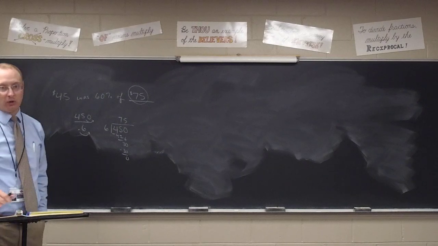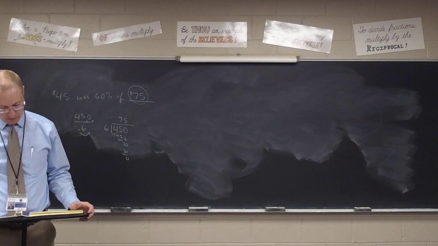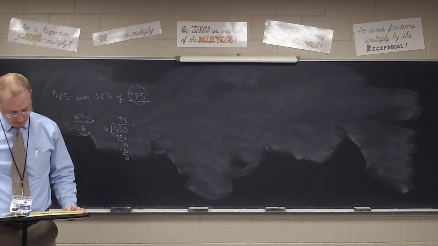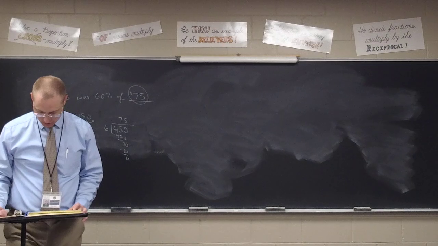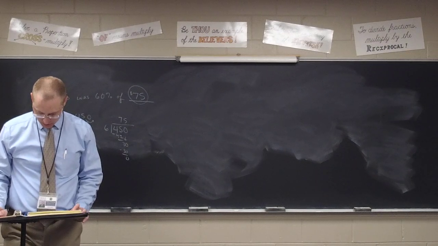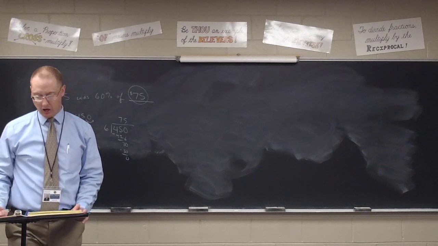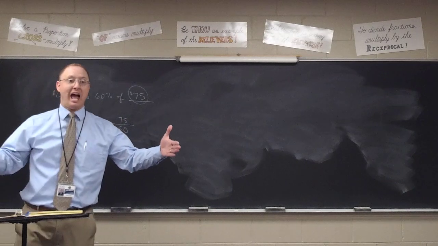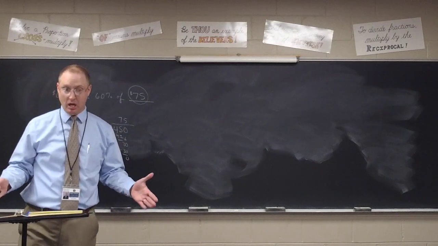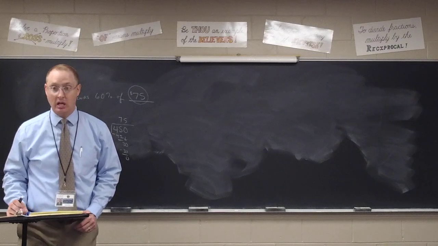Number 12. Read that one for us, Jalen. After spending money on car repairs, Jane had 30% left of the money she had in her bank account. If she has $600 left, how much money did she have before the car repairs? All right, so she had a total amount of money in her bank account, and she spent a lot of it. When it was all said and done, she only has how much left, class? $600.